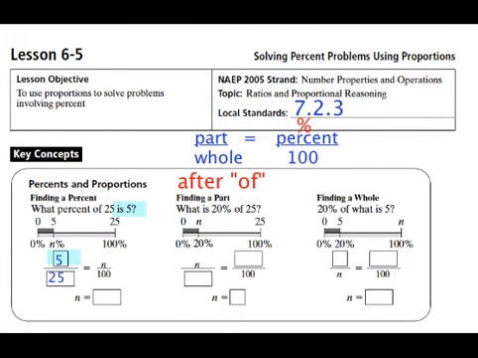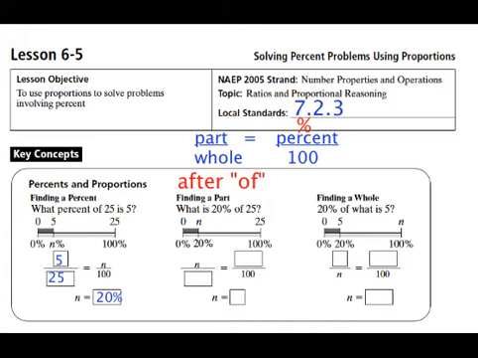We're finding 5 out of 25 so that we can figure out what the percent is. Now, you're going to cross multiply and divide to find that. So you end up with n equaling 20%.